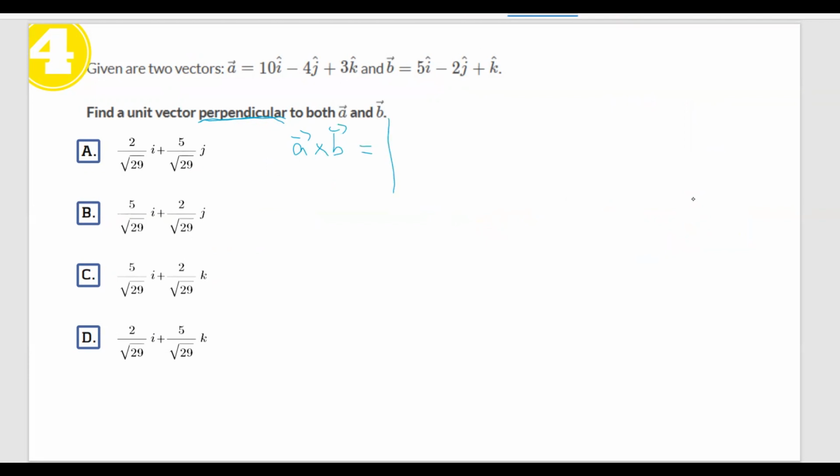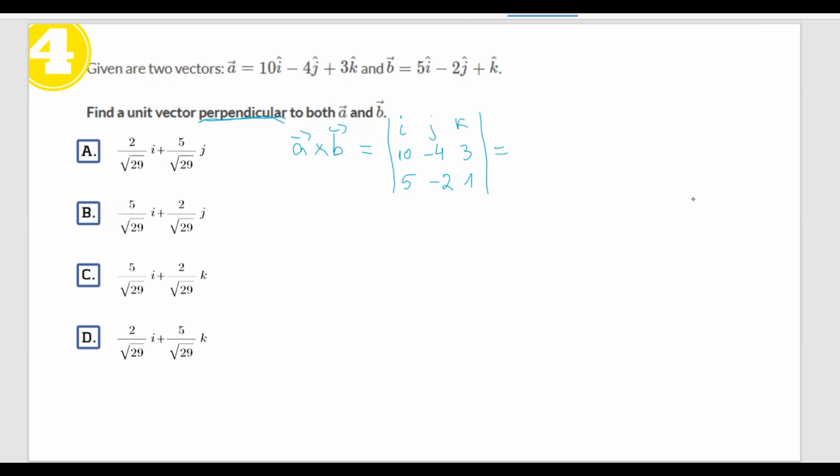So the cross product, the easiest way when we have the vectors is to just calculate the determinant. And I'll have 10 here, minus 4, 3, 5, minus 2, 1. And if you're watching my videos, I encourage you to stop the video and try to solve this by yourself, and then see if your response matches my response.